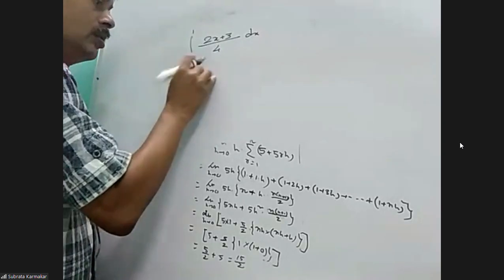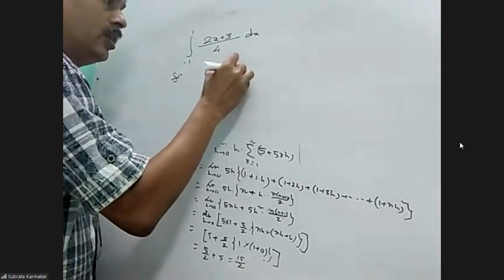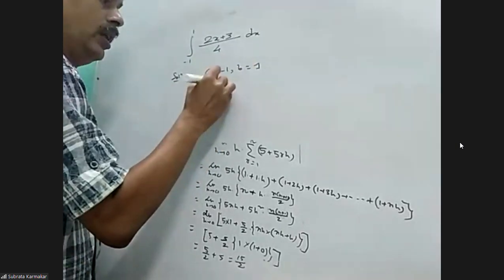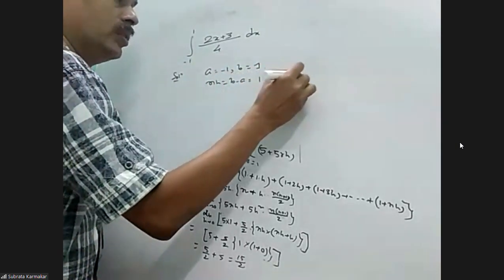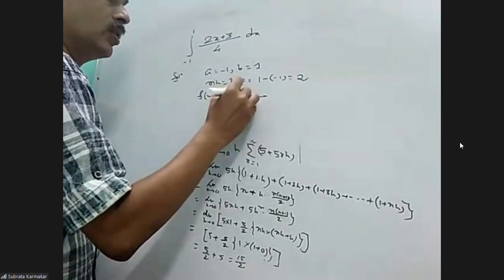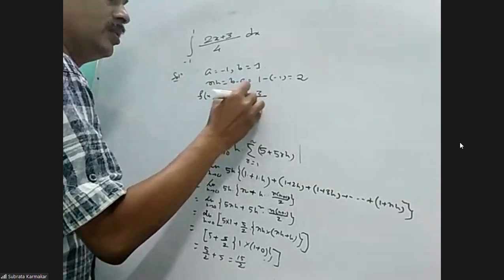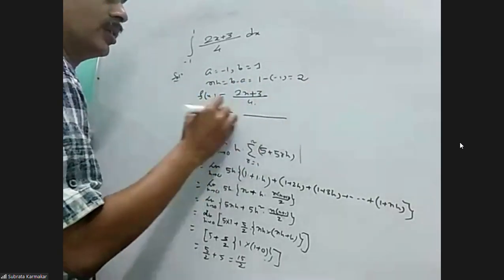Solution: lower limit a is minus 1, upper limit b is 1, nh, we know that b minus a is 1 minus minus 1, that is 2. Here, fx will be 2x plus 3 by 4, f of a plus rh.